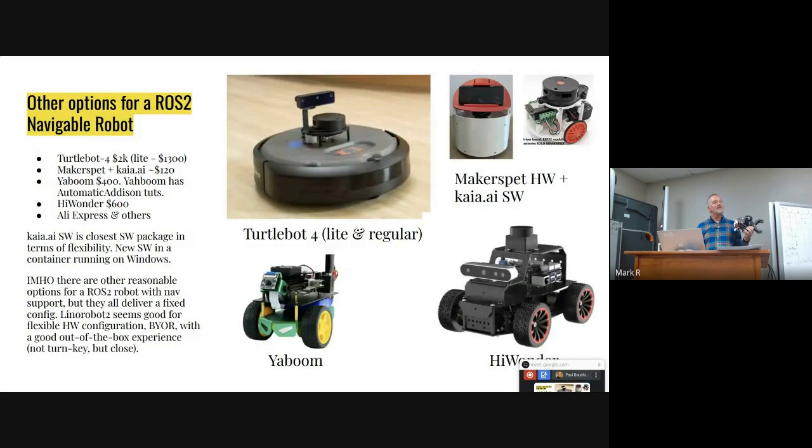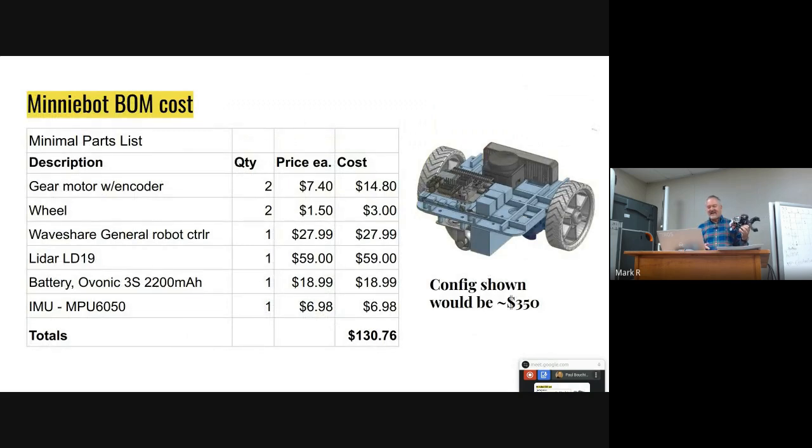What's the 350? Good question. Thank you for that catch. So you'll see that there's a camera. There's a depth camera in front of the LiDAR. Optional. If you want to put one in, 150 for an Oak D Lite is what I showed there.